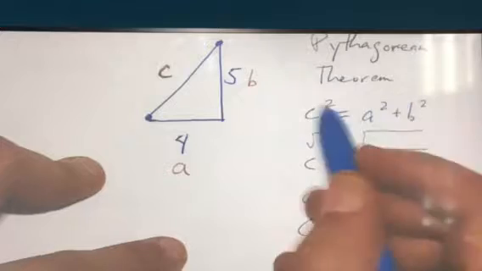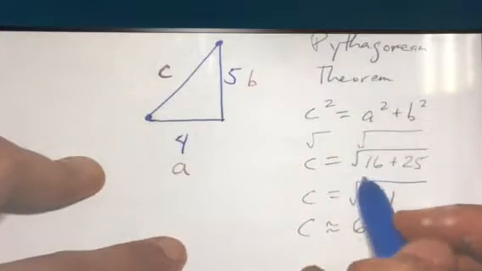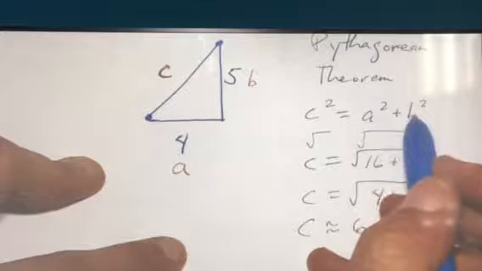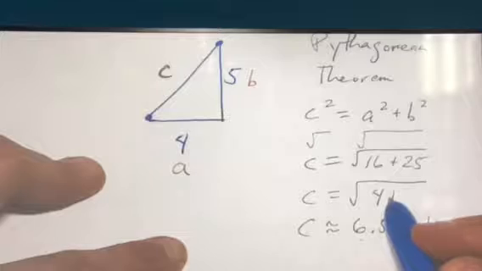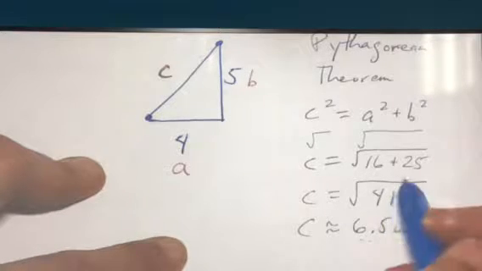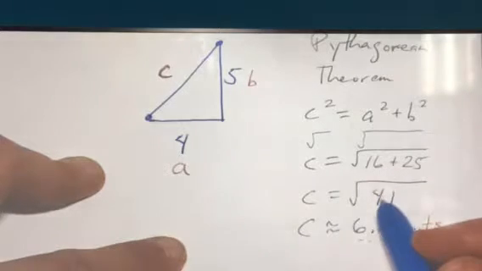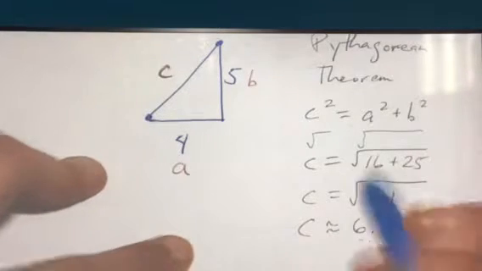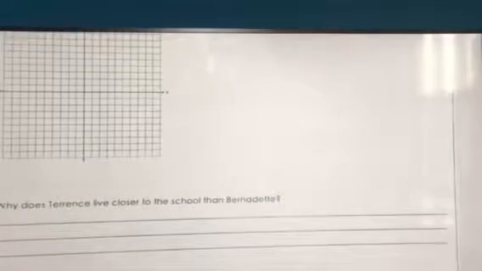In this case, we had 4 squared is 16, and 5 squared is 25. We add them together, that's 41. Then to figure out what just c would be, we take the square root of 41, which is a weird number, but it's about 6.5. Okay? All right, let's see what this problem has for us.